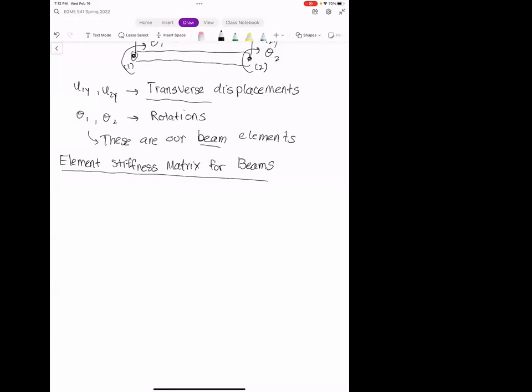So in other words, we're seeking a relationship between the forces on the element. We'll call this F1y. Of course, the coordinate system that we're using right now is assumed to be the local coordinates.